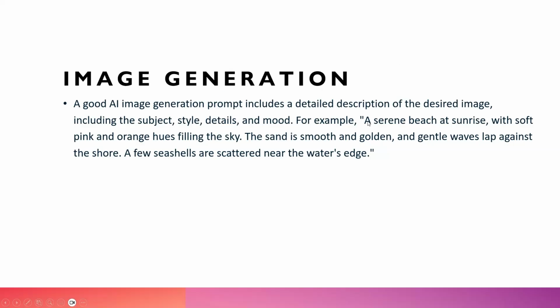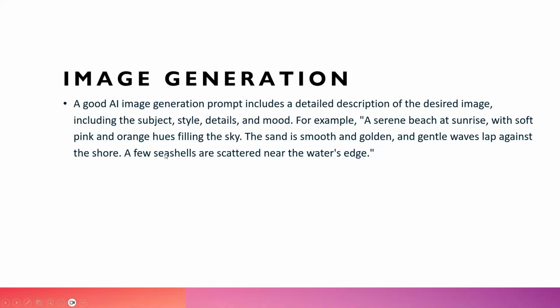So one example is this: a beach scene at sunrise with soft pink and orange hues filling the sky. The sand is smooth and golden and gentle waves lap against the shore. A few seashells are scattered near the water's edge.